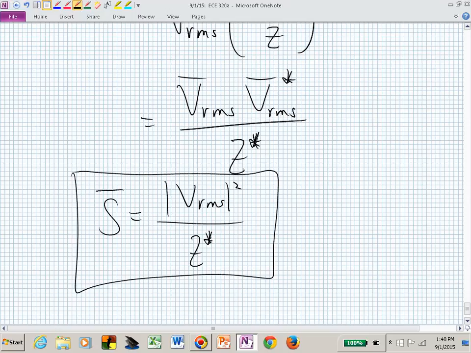So somebody might tell you, they maybe have gone out and they found the magnitude of the voltage across that impedance, and maybe they know what the impedance is. Now you can express the complex power. You take the voltage in RMS, find its magnitude, square it, and divide it by the conjugate of your impedance.